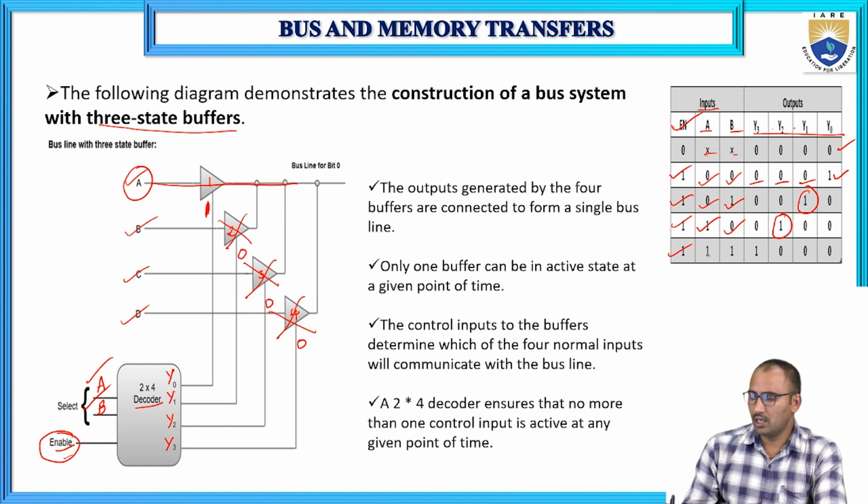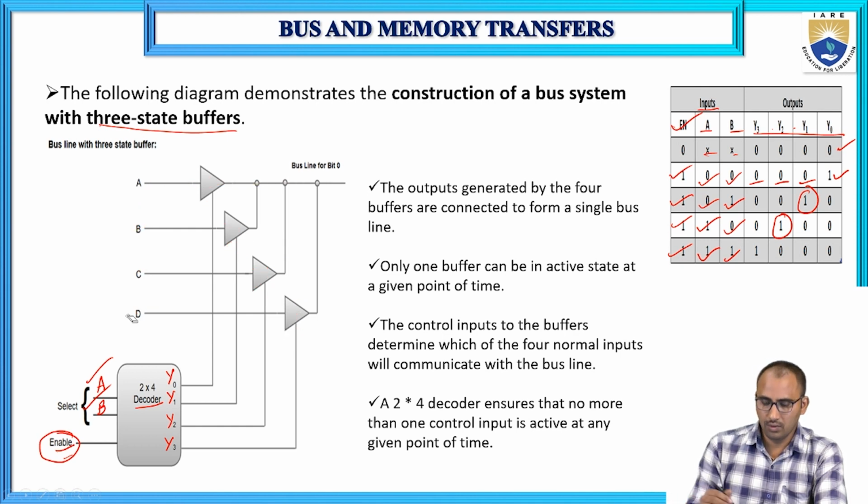And the last case is when A and B are both equal to 1. When both A and B inputs of the decoder are logic 1, then Y3 will become 1 and the remaining are all zeros.